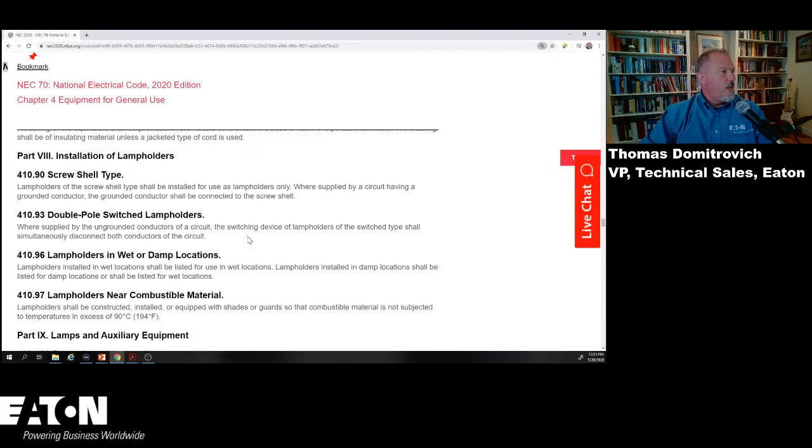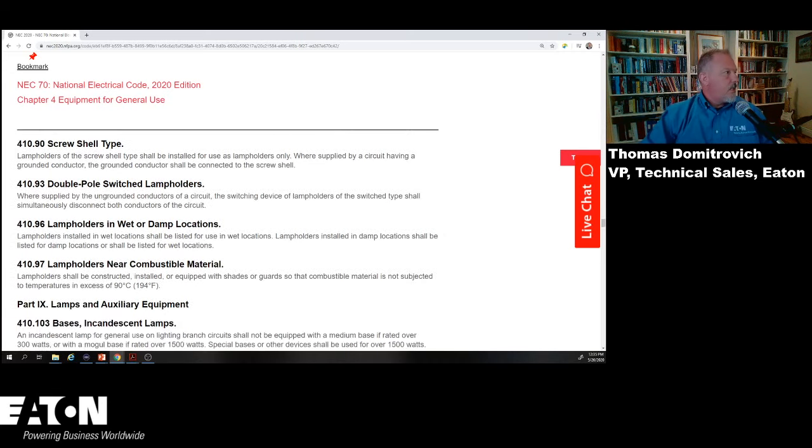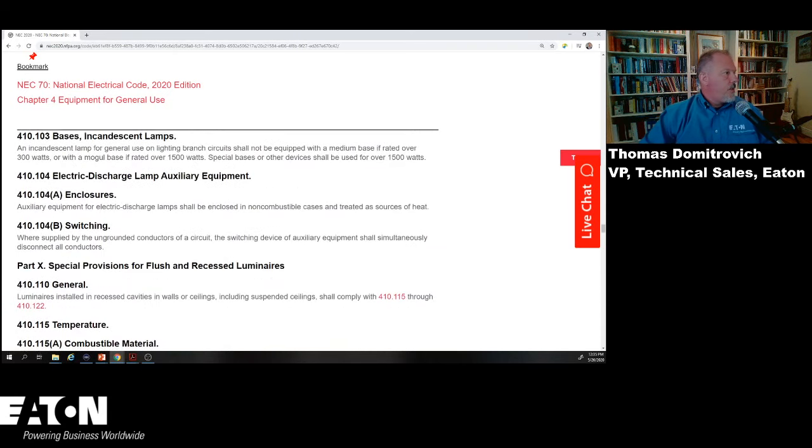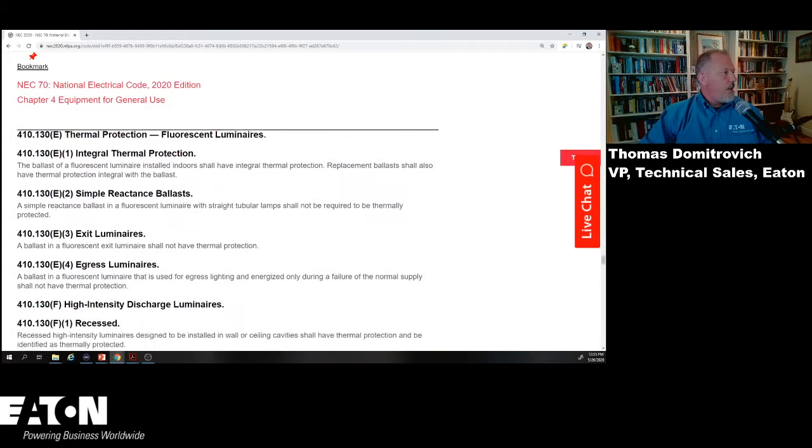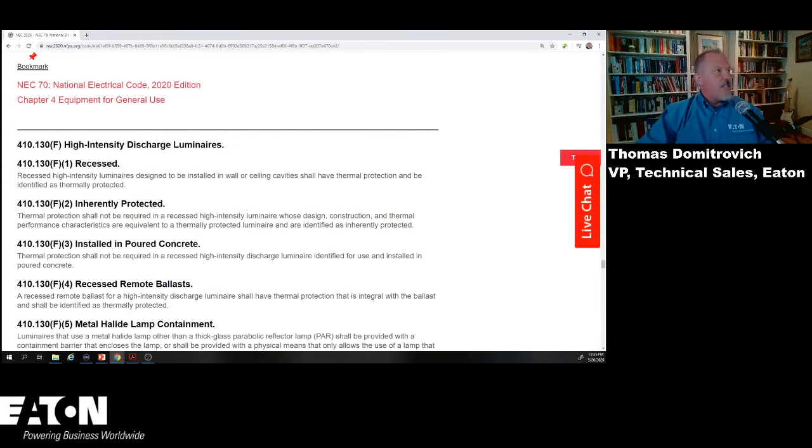I'm going to zoom in so that we all can see that, and hopefully everybody is connected. 410.130F. F is high intensity discharge luminaires, so that would be very pertinent to the discussion of question number 11.